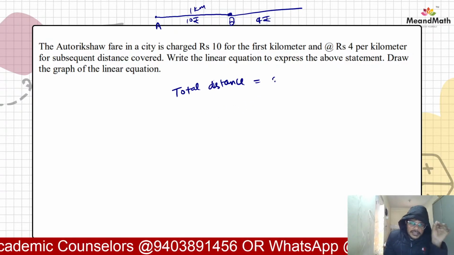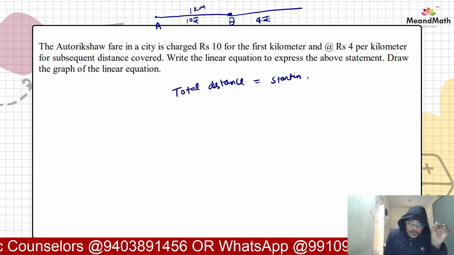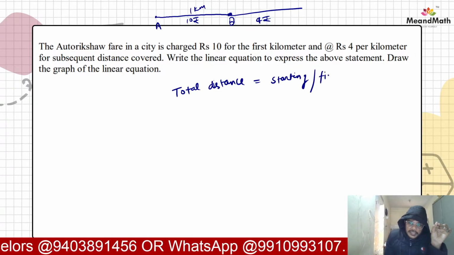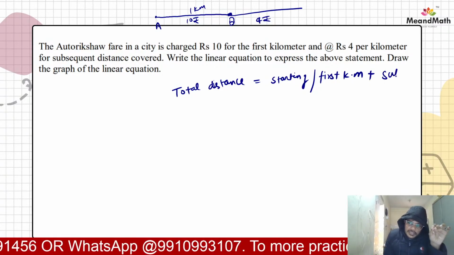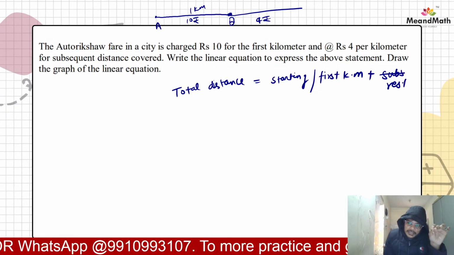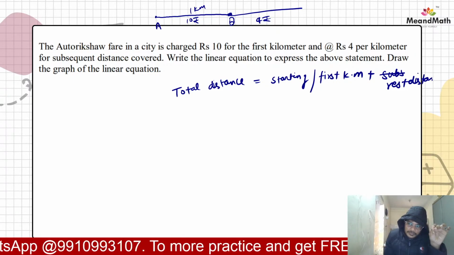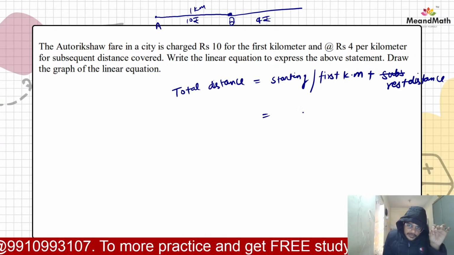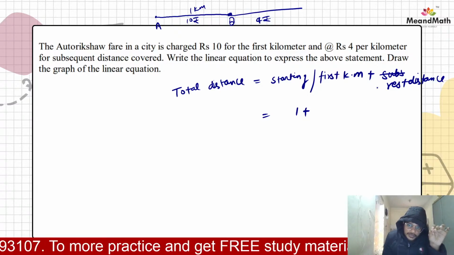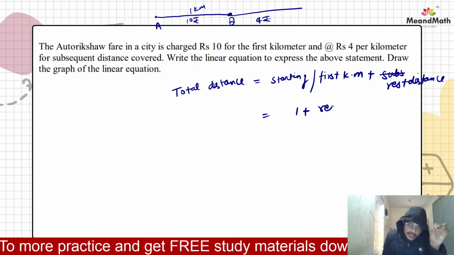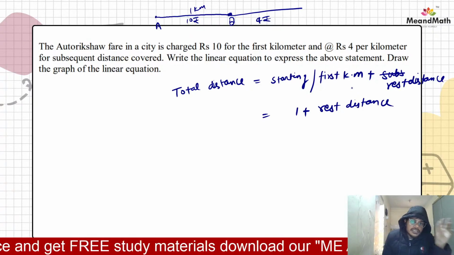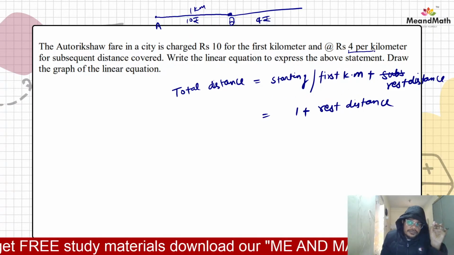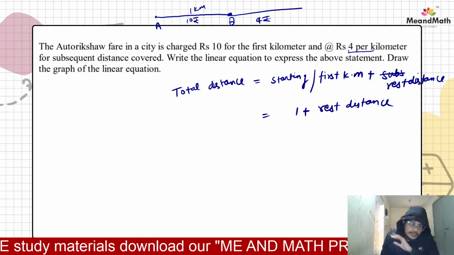Now, what is the total distance? Total distance should be the first kilometer plus the subsequent distance, or you can say the rest distance, right? Now the question says you have to pay 4 per kilometer after the first kilometer.